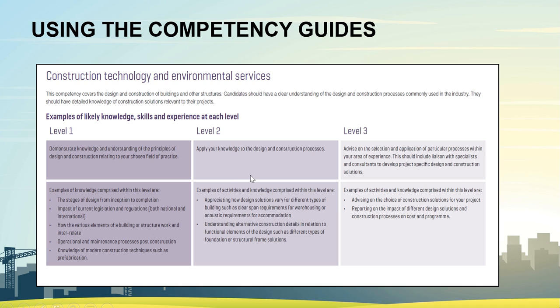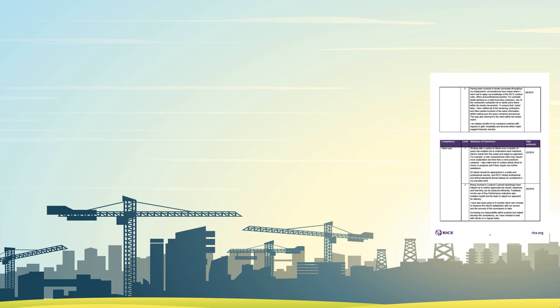At level 2, if you've ever been involved in inspecting buildings or reviewing design proposals, in doing that, you're gaining an appreciation of how different elements of the building interrelate. You can use that experience to demonstrate that you've achieved the level 2 competency there.